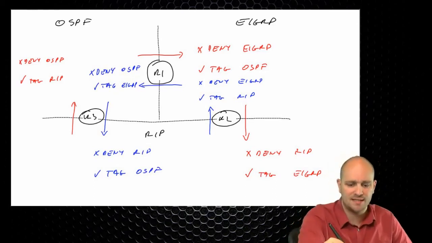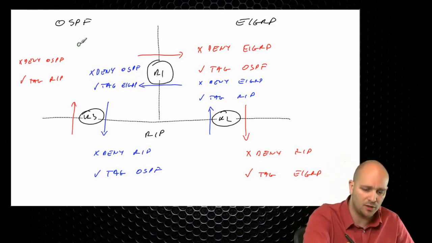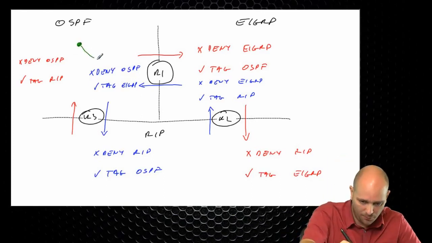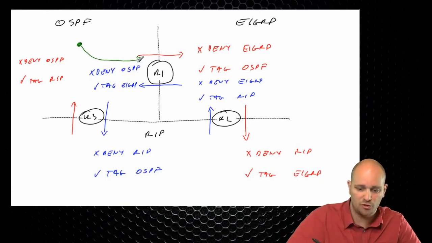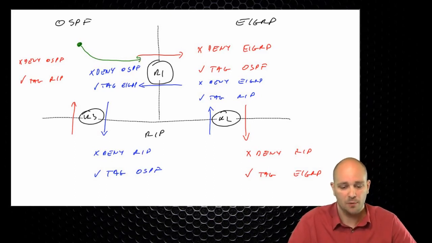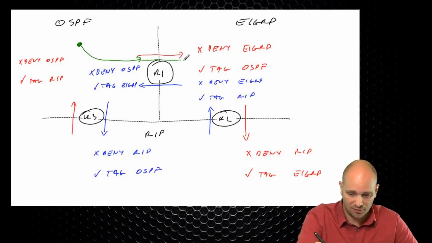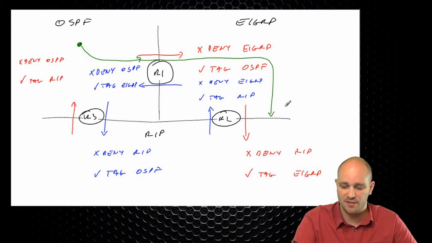I'm just going to take a sample route, and this sample route is going to be an original OSPF route. So let's follow the path of this OSPF route when it arrives at this redistribution point here. Is it EIGRP route? No. That means it will be tagged as OSPF. So this route now arrives at this redistribution point, and it has the tag of 110. Is this a RIP route?